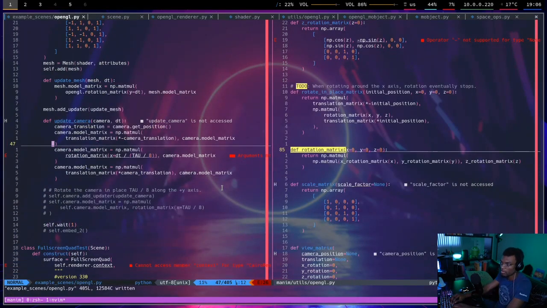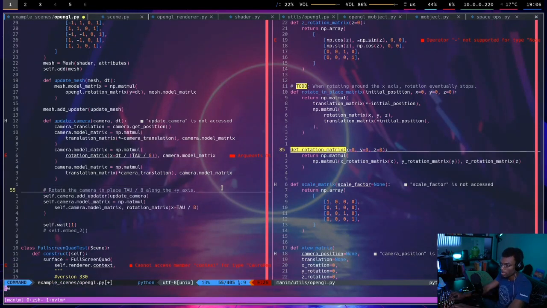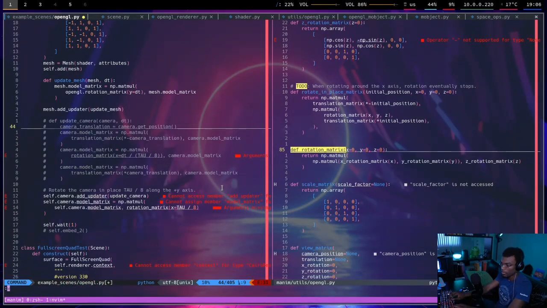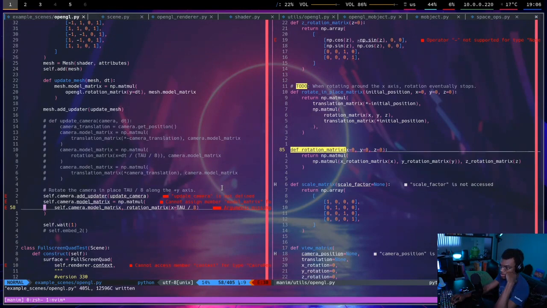Oh, it's because I'm... Wait, here I'm rotating it in place. When I do this, I'm not rotating it in place, right? Because I'm not doing the translation to the origin and stuff. So how come this can't see it?